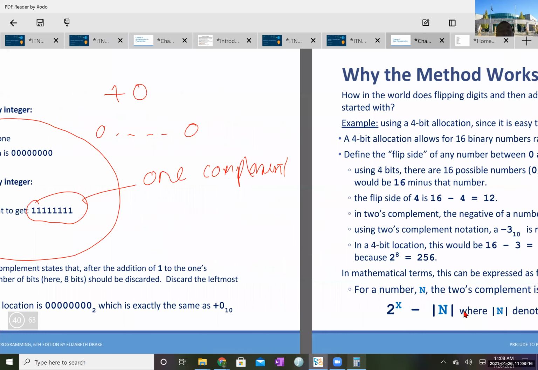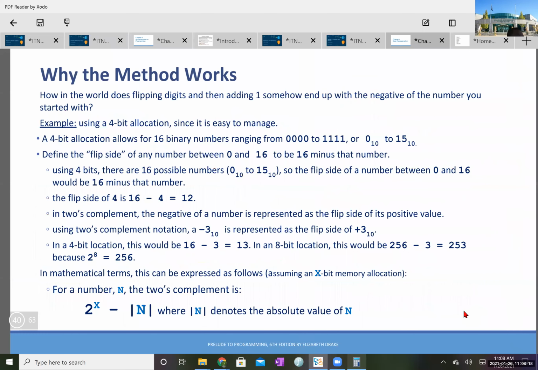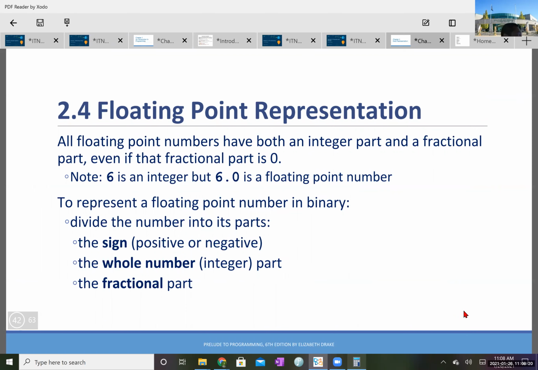Okay, so that reviews the ways you represent integer numbers. The first one is unsigned. Unsigned is very simple: you just convert it normally.